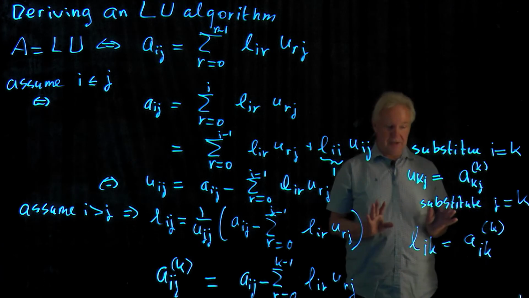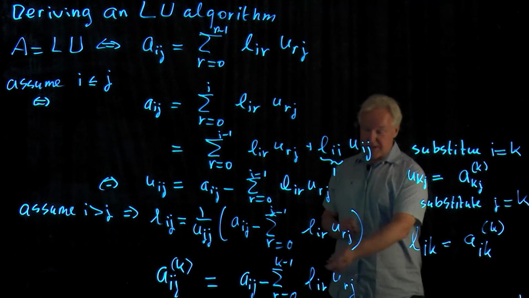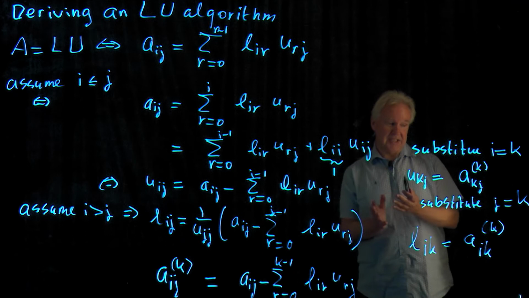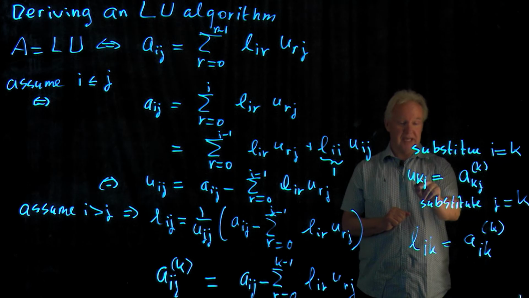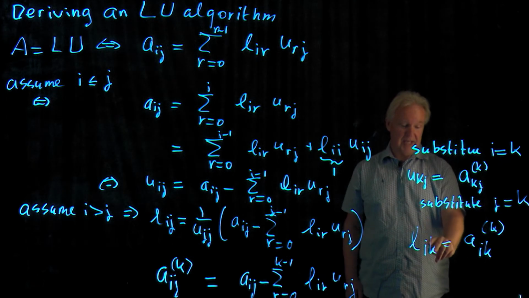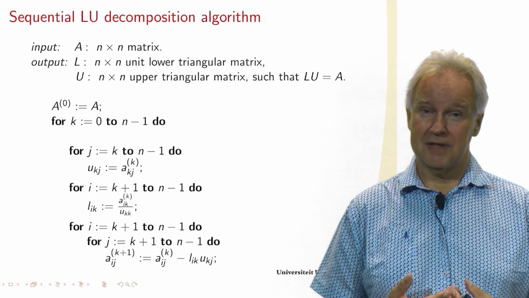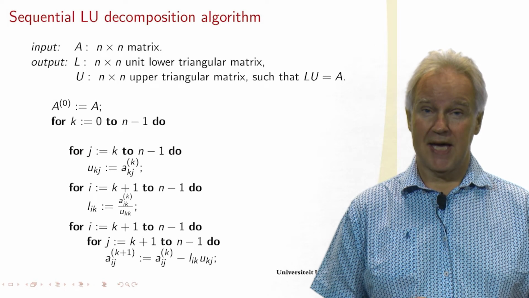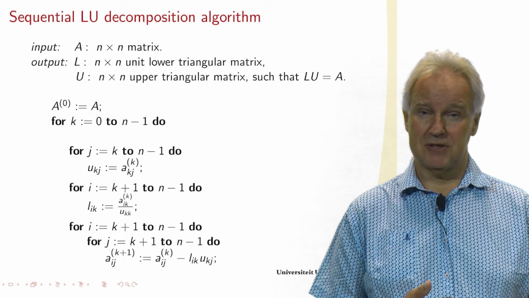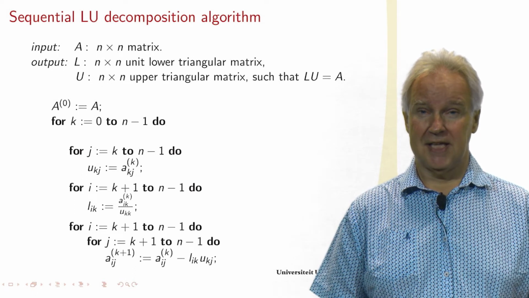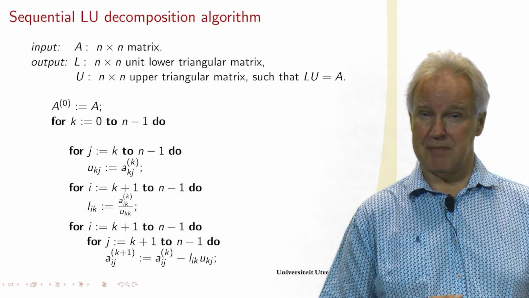Now we are already close to an algorithm, because if we can compute all these values Aij at stage k, then at stage k we can retrieve row k of U and column k of L. We have now derived an LU algorithm, and we've seen that we can compute the U and the L elements in stages. Here is the complete algorithm with stage k equals 0 to n minus 1.